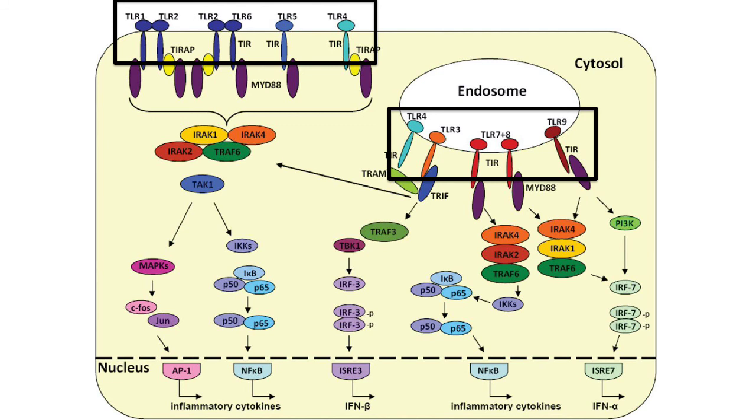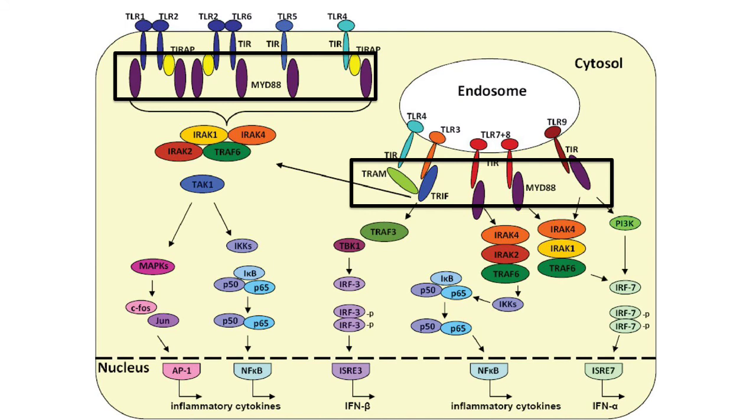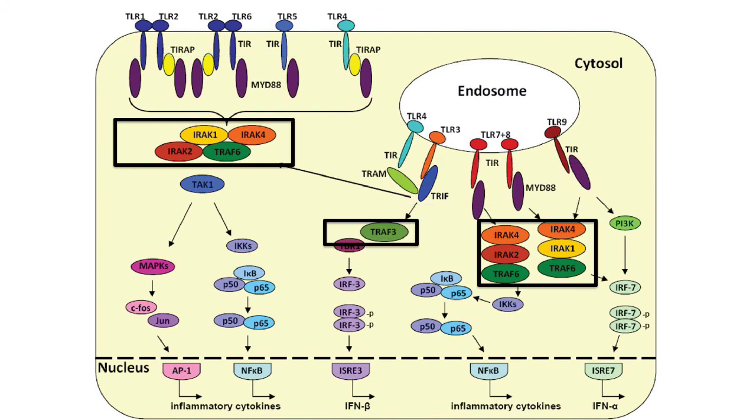These dimerized TLR molecules are able to recruit adapter proteins to their TIR domains in the cytoplasm of the host cell. The adapter proteins are able to recruit other proteins like IRAKs, which in turn recruit TRAF proteins that are able to form polyubiquitin chains.